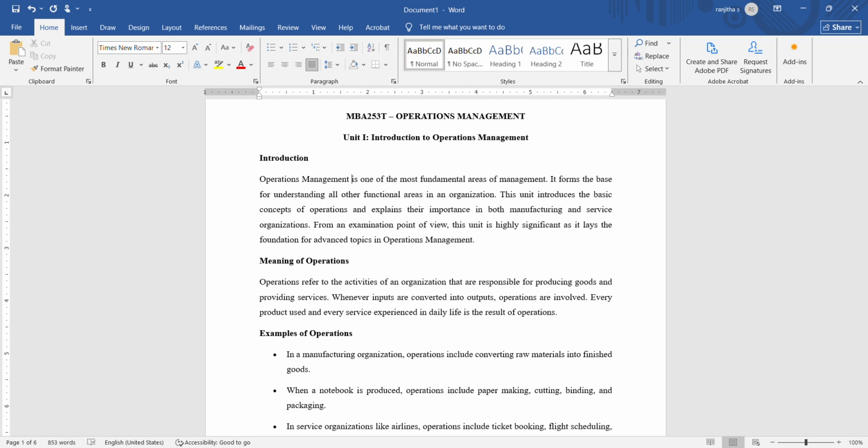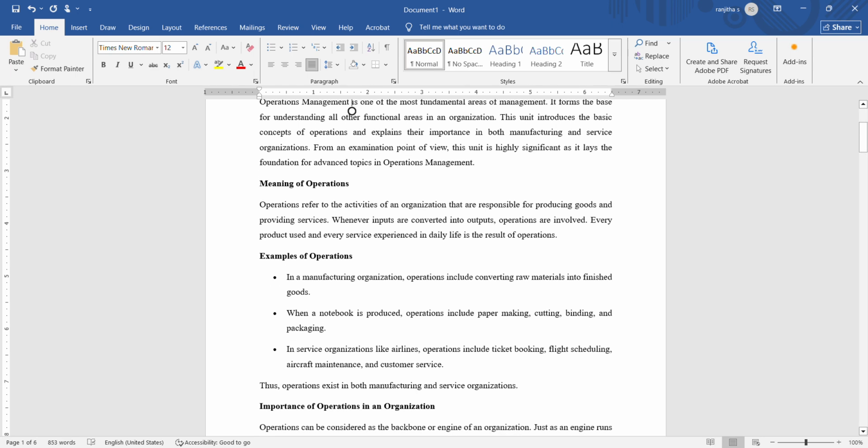For example, when you buy a notebook, operations are involved in converting paper pulp into paper, cutting it, binding it, and packing it. Similarly, when you travel by an airline, operations include ticket booking, scheduling flights, maintenance of aircraft, and customer service. Thus, operations exist everywhere, whether in manufacturing organizations or service organizations.